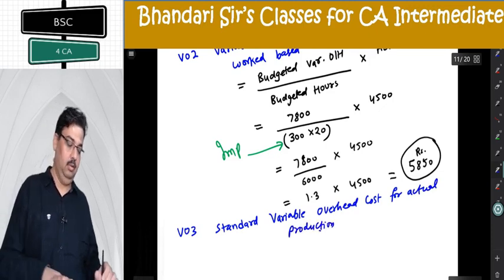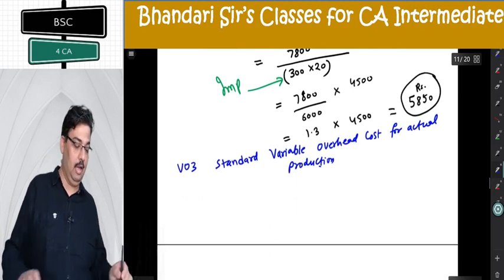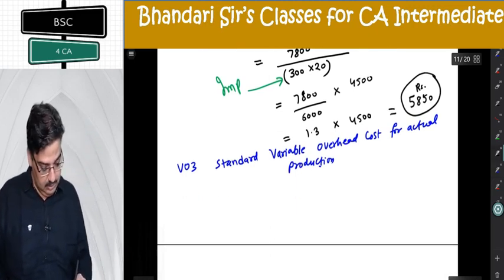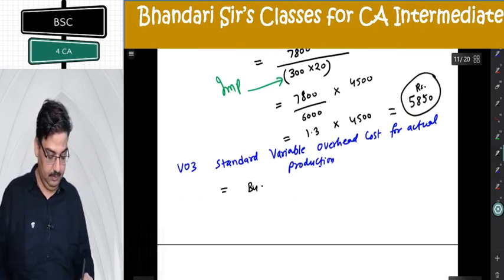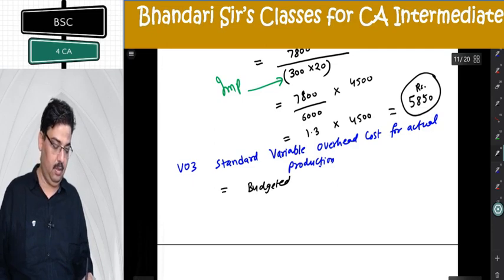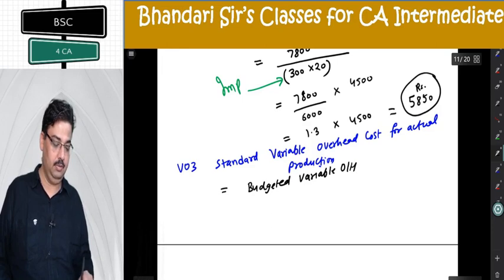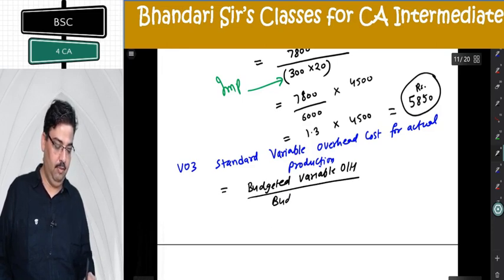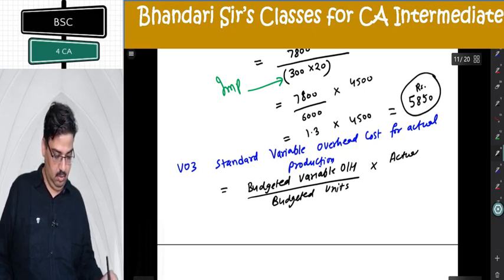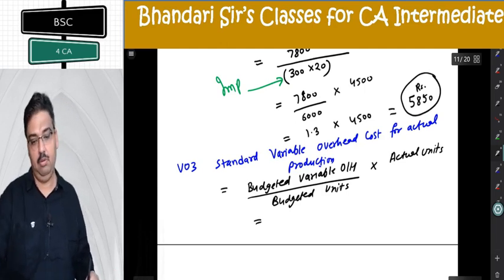I am writing the first header that I have given you, equals budgeted variable overheads divided by budgeted units multiplied by actual units. Very simple. All given in the question.